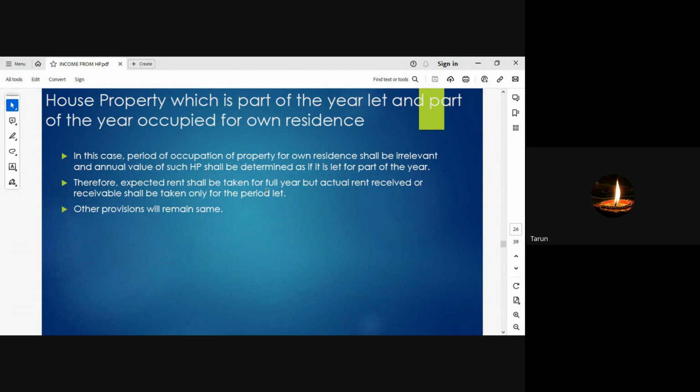Expected rent is on an annual basis. For actual rent, only the period in which the property is let out will be considered. So if the let out period is 2 years, the actual rent received or receivable will be considered for 2 years.